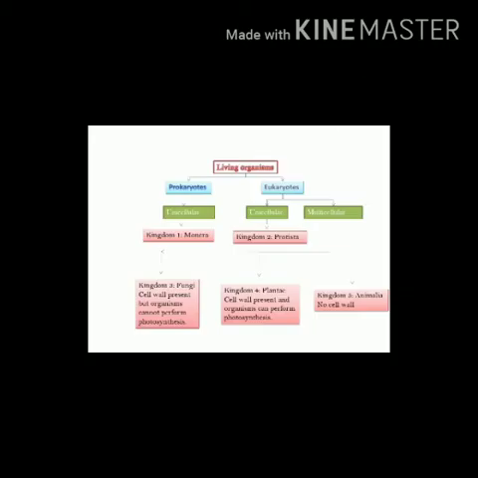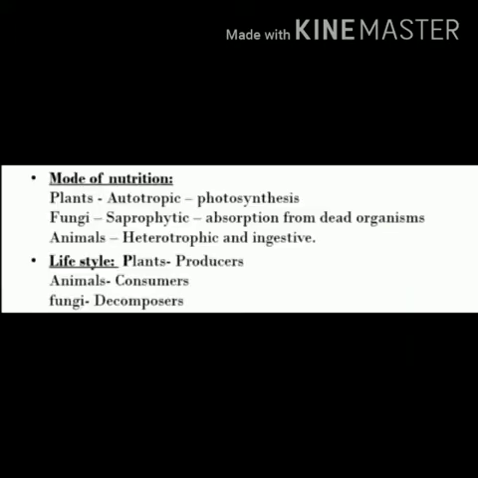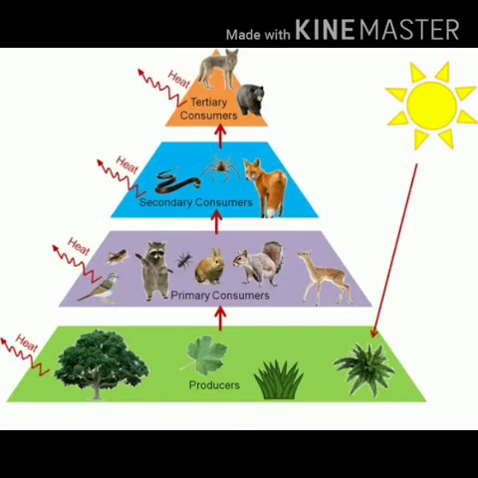We have already learned the classification of living organisms according to the mode of nutrition into producers, consumers, saprotrophs, and decomposers. So now let us consider the various trophic levels of the ecosystem around you as given below.